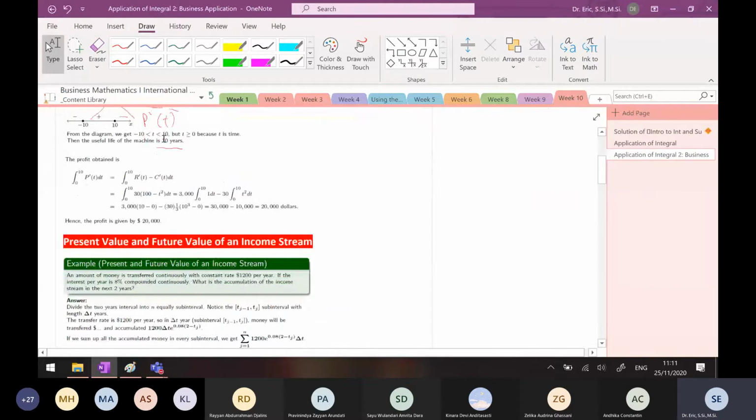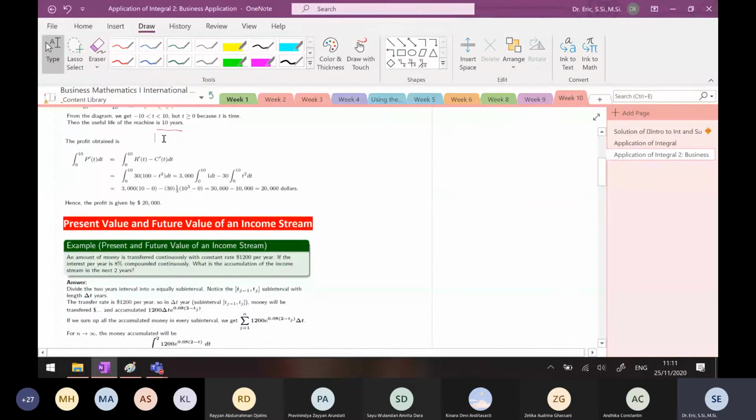This is the present value and future value of an income stream. When we were talking about the exponential and logarithm functions, if you still remember, I have this kind of formula. Future value, or what we usually call the accumulated value, is the present value, usually called the principal, times 1 plus r divided by n, to the power nt. r is the interest rate, n is how many times it is compounded, and t is how many years.